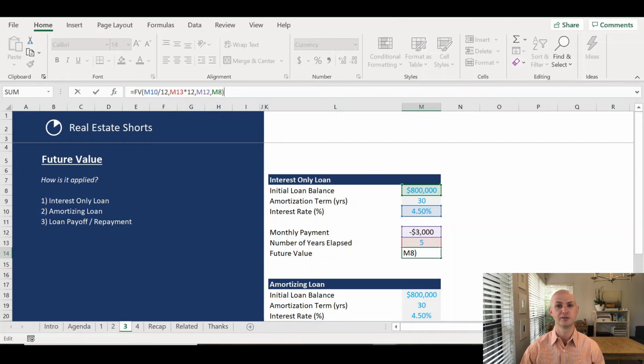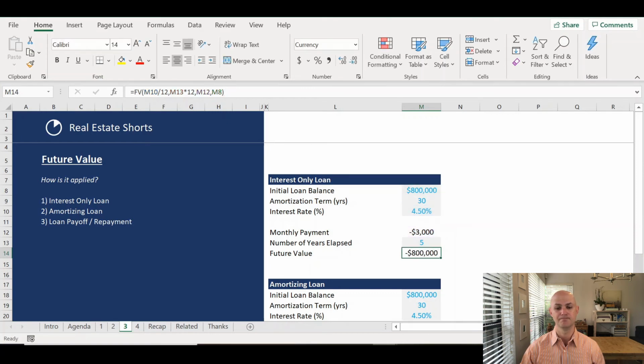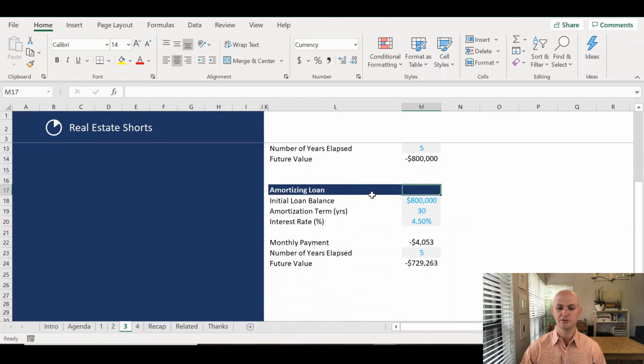There's no principal that gets reduced. And so the balance remains consistent throughout time. So again, just to illustrate this point, if I were to sell the property 5 years from now, you would have to repay the bank $729,000 at the end of that 5th year.